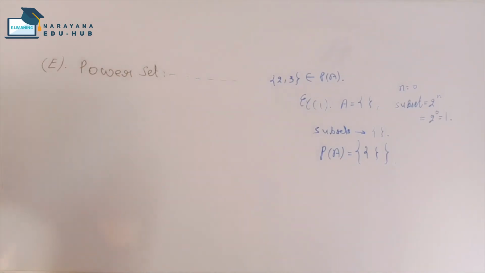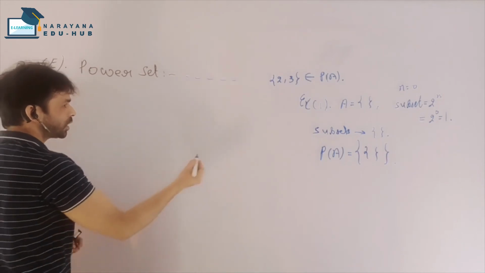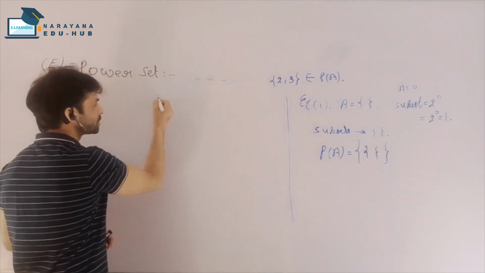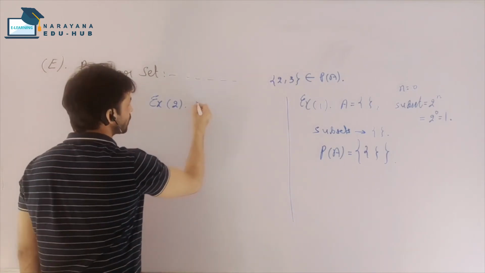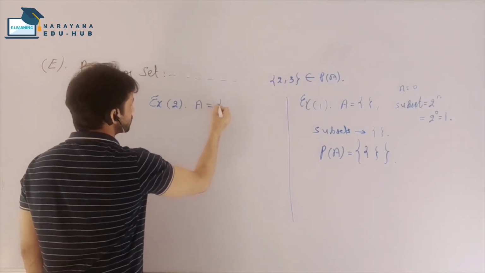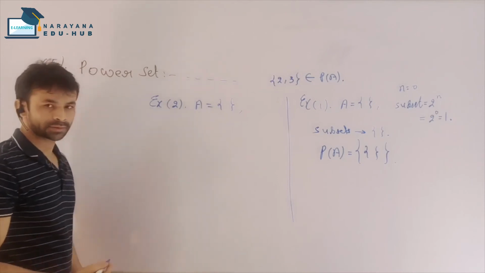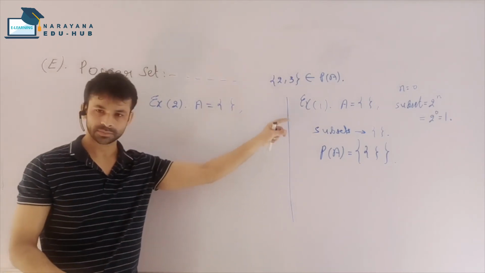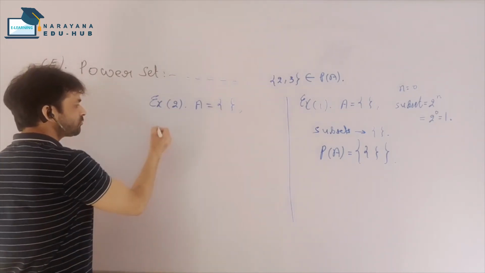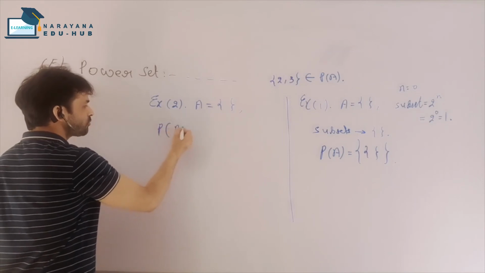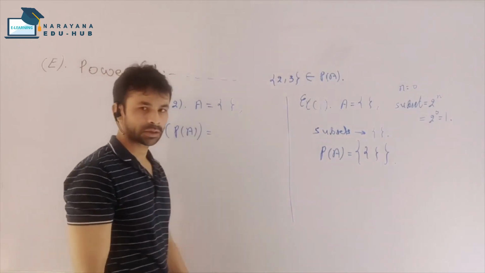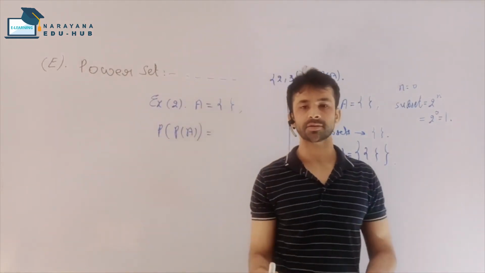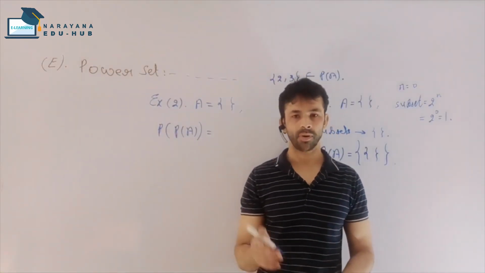Okay. So now we'll take second example. We'll take A is equal to phi. Again, same set. And we have to write P of PA. P of P. We have to write. Okay. Means power set of power set.